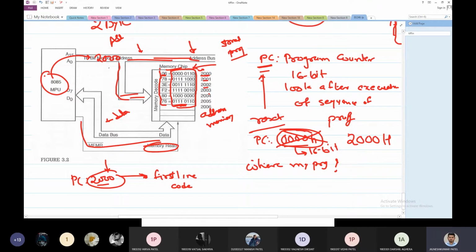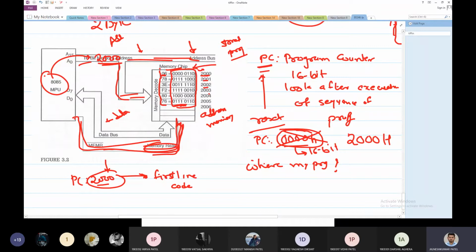So what do I have to do? I know the address. I have put the address on the address bus. The second thing that I'll do is send a signal to memory that I want to read the status of the given address. So I'll send a read signal from this line. The first task was to put an address on the address bus. The second task, send a read signal.